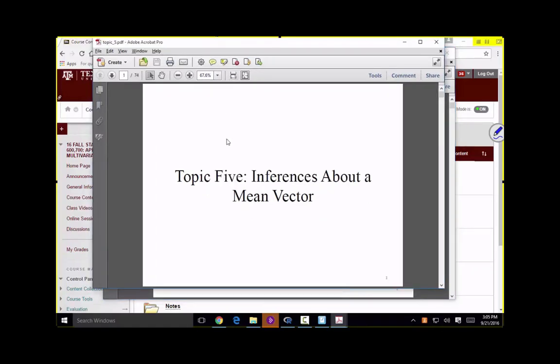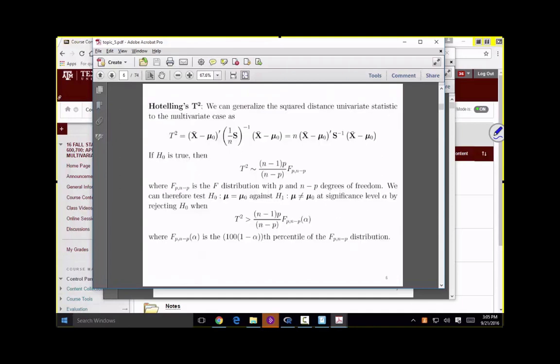All right, let's see. We are going to wrap up multivariate inference on a mean. Inference on a multivariate mean. Topic 5 is a single mean vector. So we've met the Hotelling's t-squared test.